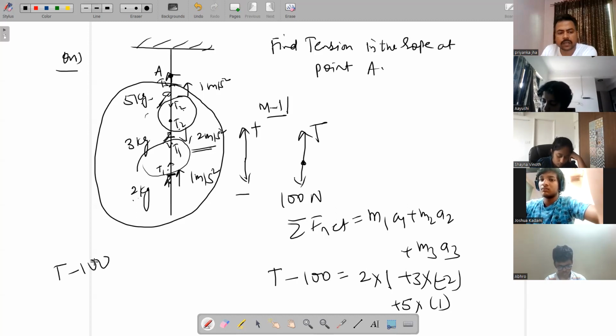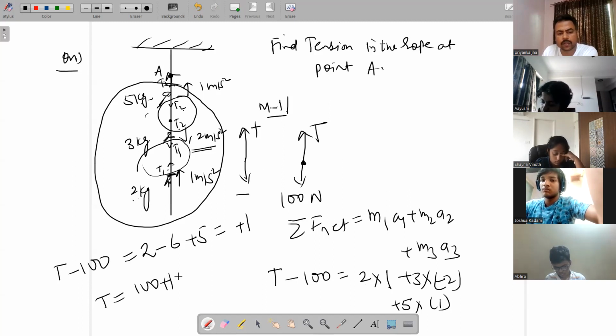So T minus 100 equals 2 minus 6 plus 5, that is plus 1. So T is 101 Newton, in one line, right? You can get the answer. That is how you can apply Newton's law on a system of particles.